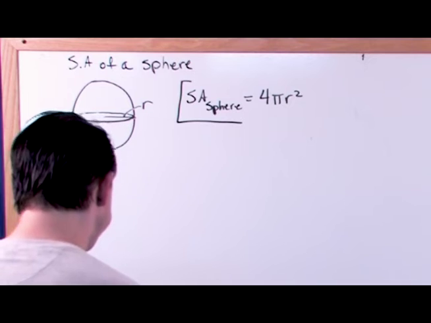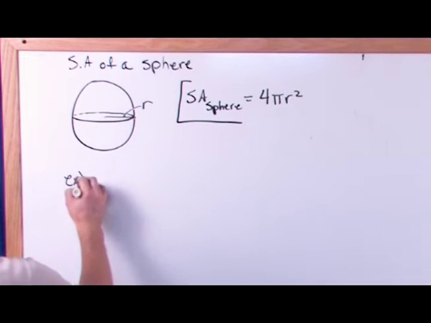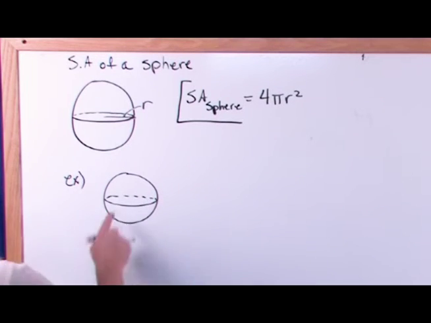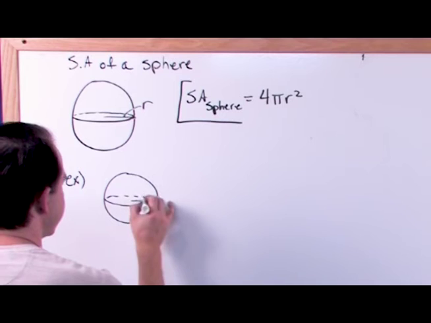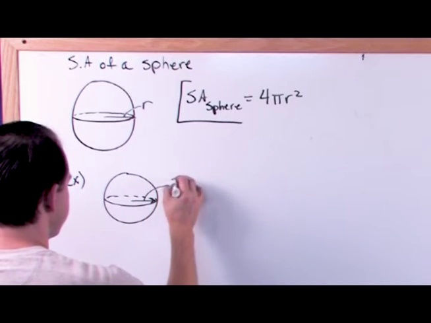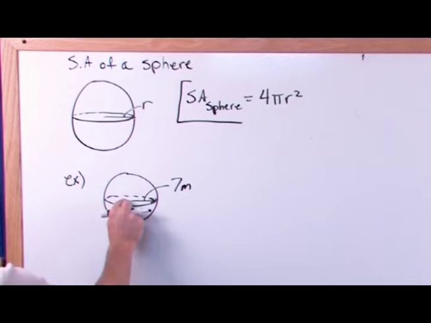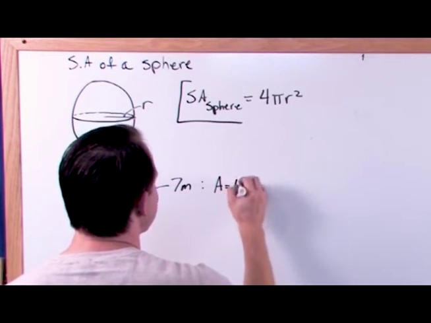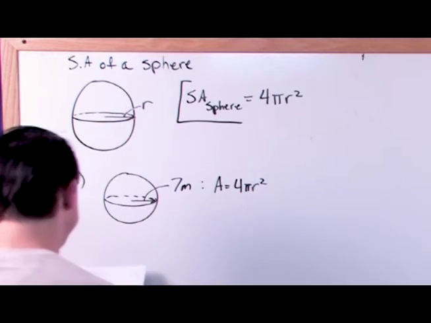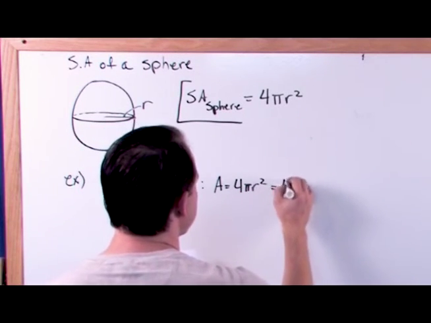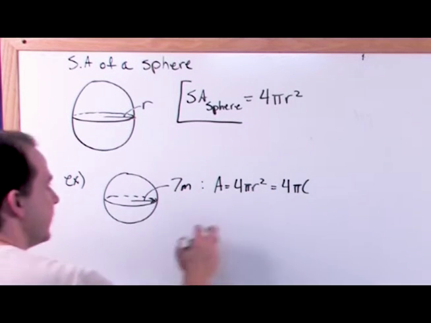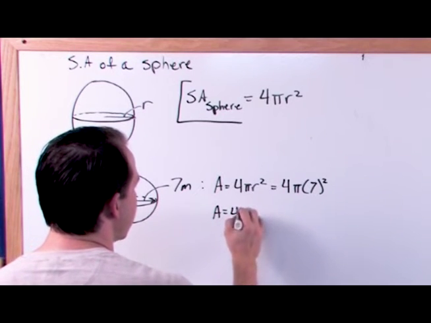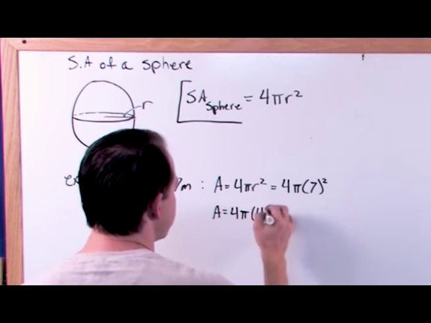And it is true. So if you had an example, here's a sphere, here's the diameter going all the way around there, and the radius of the sphere is 7 meters. That's the radius going from the center of the sphere all the way to the edge. So the area is equal to 4 pi r squared, which is equal to 4 pi, and r is 7, so it's 7 squared. 7 times 7 is 49.